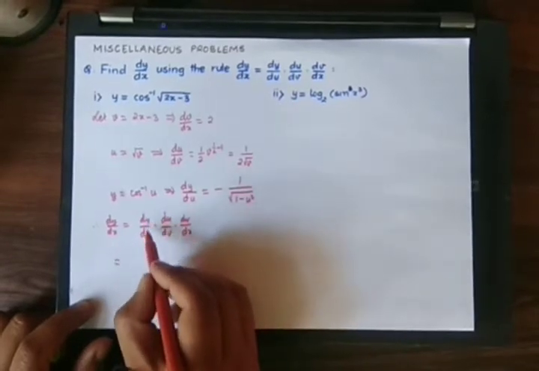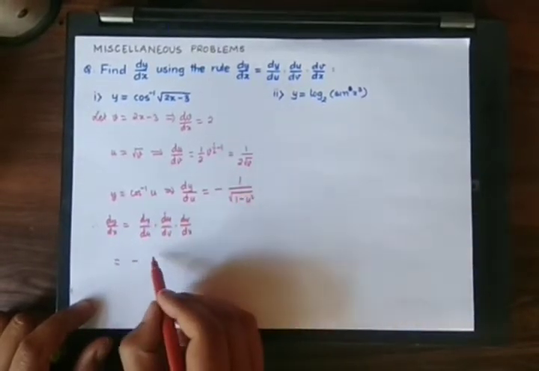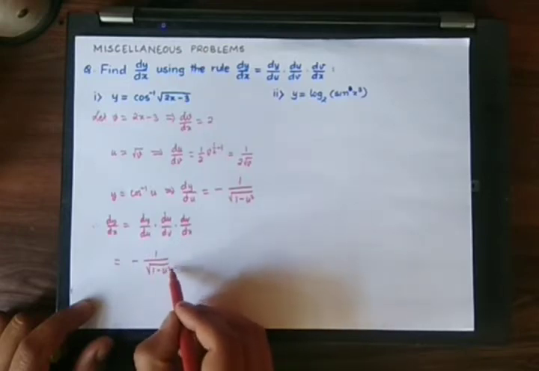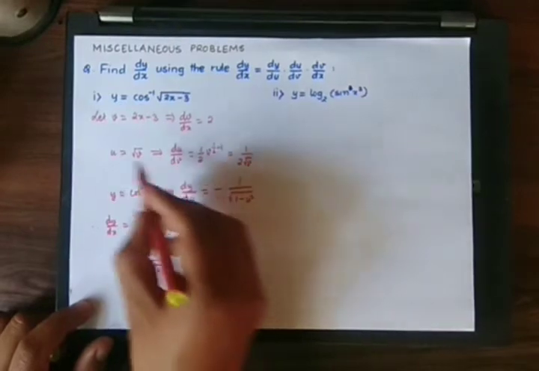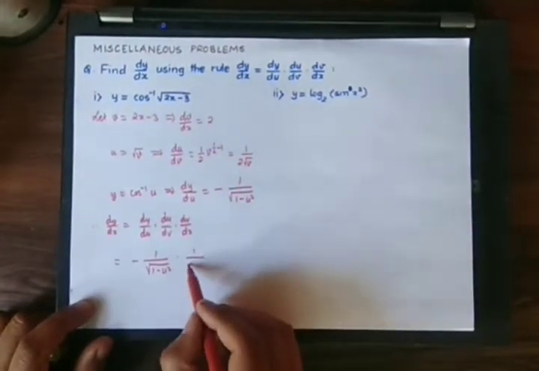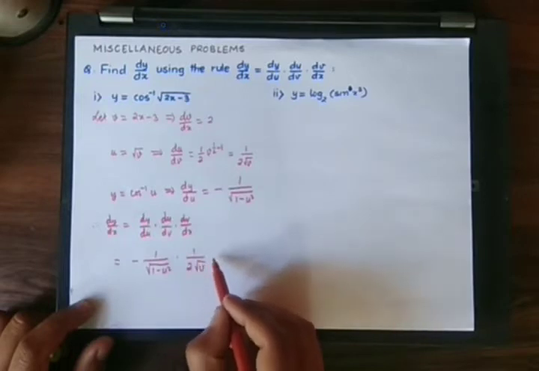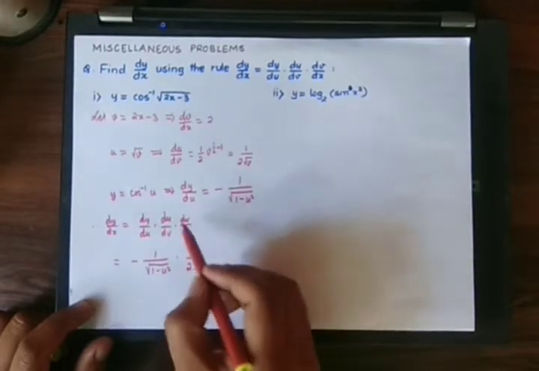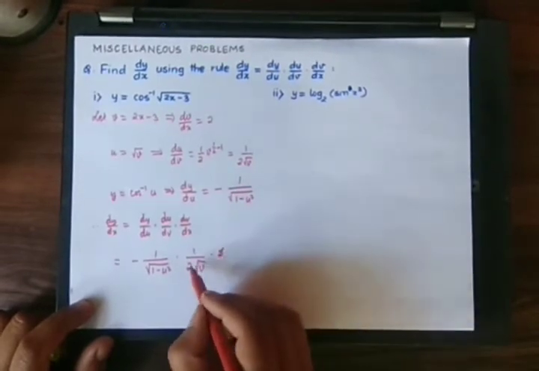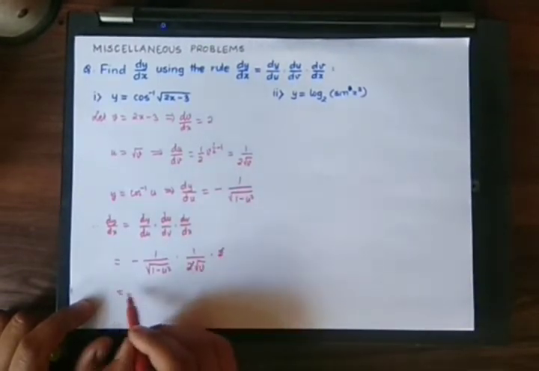So dy by du is this much, minus 1 by root over 1 minus u square, into du by dv. Du by dv is this much, that is 1 by 2 square root of v, into the last one, dv by dx. dv by dx is 2, right? So 2 and 2 get cancelled, so minus.